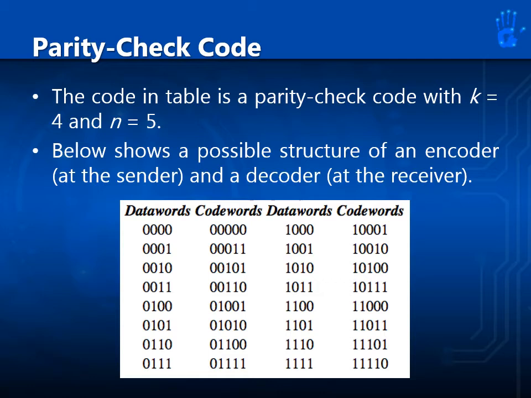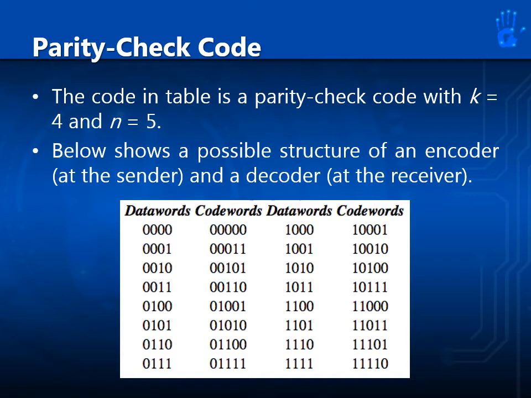Below shows a possible structure of an encoder at the sender and a decoder at the receiver. As you can see, this is called even parity, which means that the parity bit added for each data word is 1 if there is an odd number of ones in the data word, and it will be 0 if there is an even number of ones in the data word.